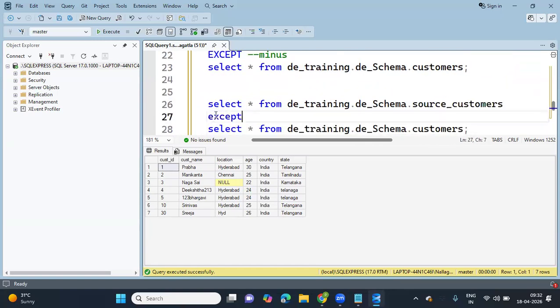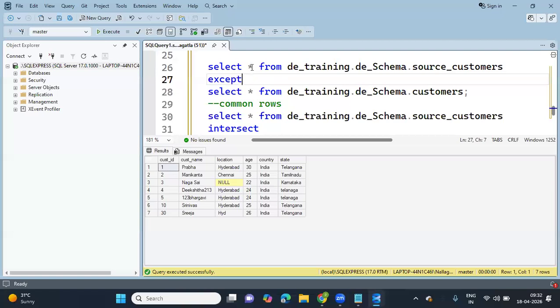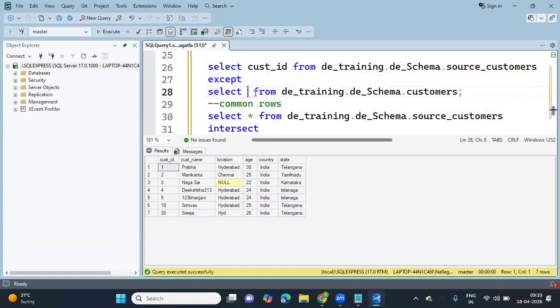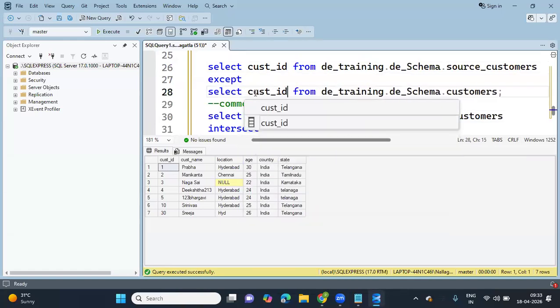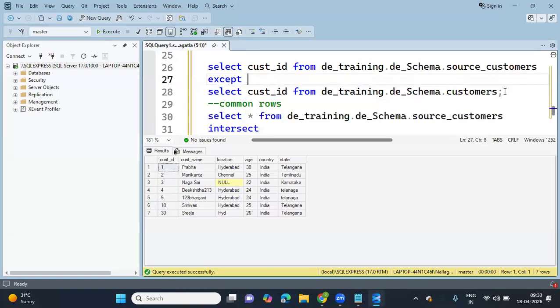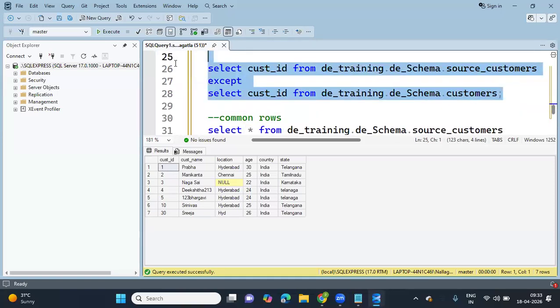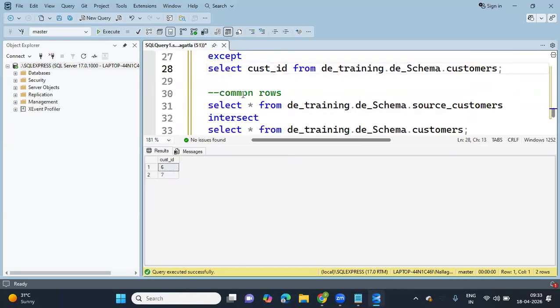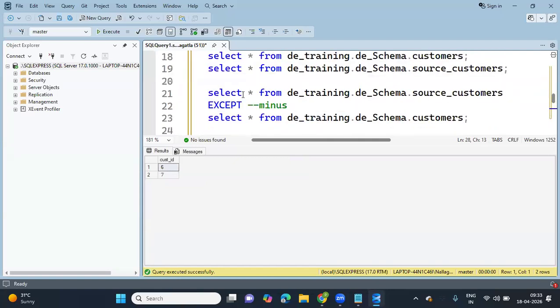I want to know the customer IDs which are not there in the target. So even if we have differences in the other columns, it will be ignored. So you will just get these two IDs, right? This is the way to identify.